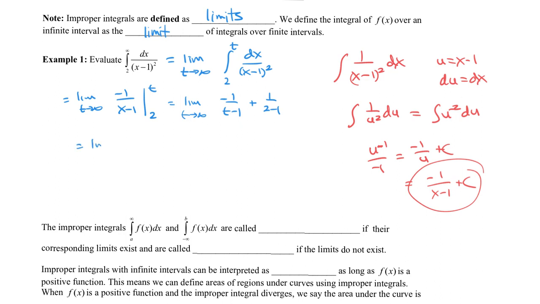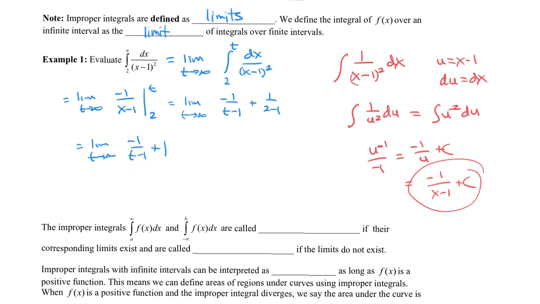Okay, so this gives us the limit as t approaches infinity of negative 1 over t minus 1, plus 1. At this point, let's take the limit. Now we just have a limit like we had in calculus 1. As t approaches infinity, I basically get a denominator of infinity, and infinity minus 1 is still infinity. So I have negative 1 over infinity.